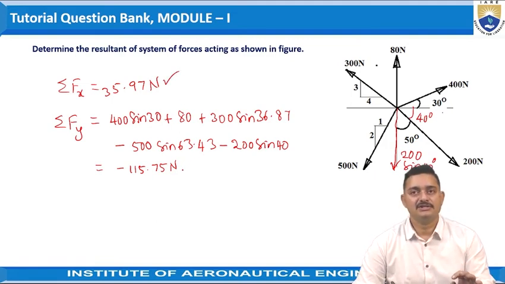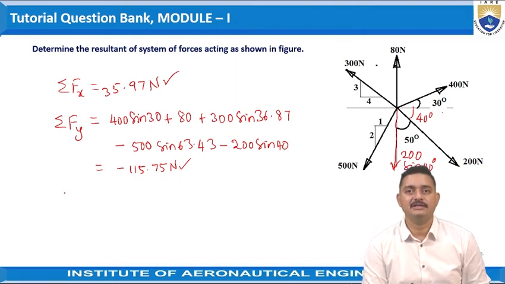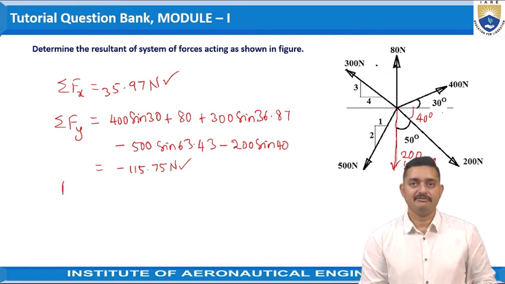So now we have got the summation of all the horizontal components and the summation of all the vertical components. Now we can apply these values in the resultant equation, as R is equal to under root sigma Fx square plus sigma Fy square.